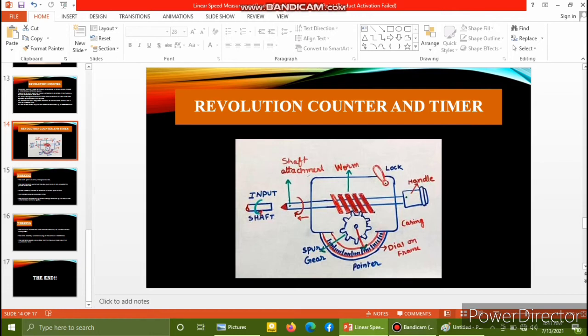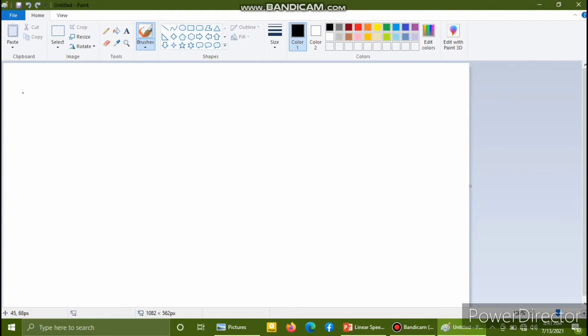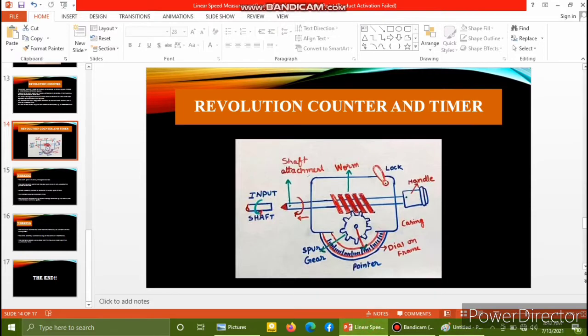So let's assume that the timer starts and the shaft starts rotating. For example, in 1 minute they have 60 revolutions. And in another run, let's assume the timer starts again and the shaft starts rotating also.